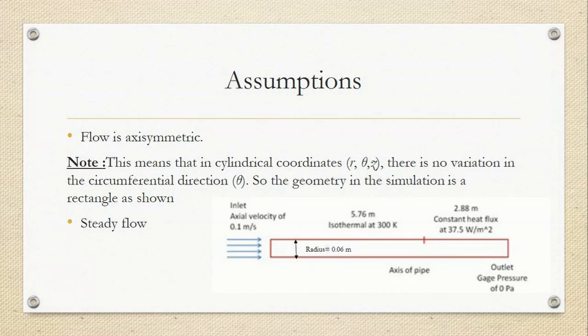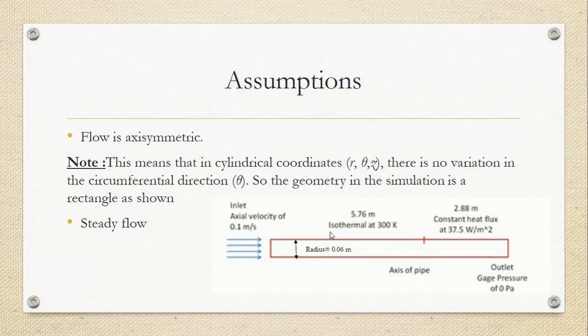The assumption that we take to solve this problem is that the flow is axisymmetric. This means that in cylindrical coordinates r, theta, z there is no variation in the circumference direction theta. So the geometry in the simulation is a rectangle as shown in the following figure, and also the flow is steady.